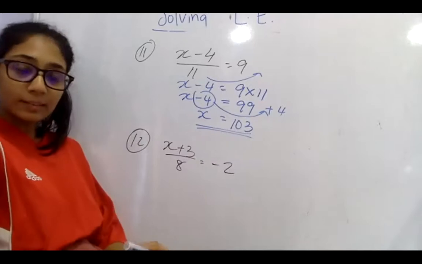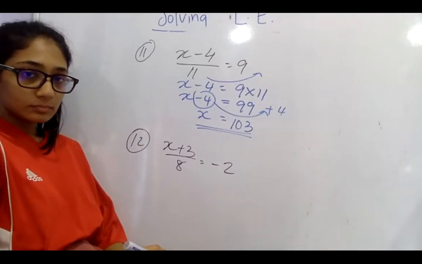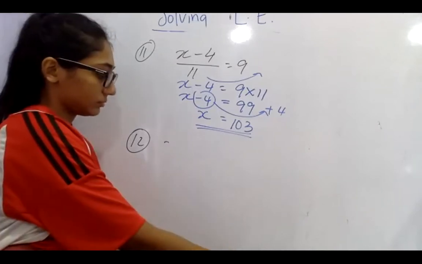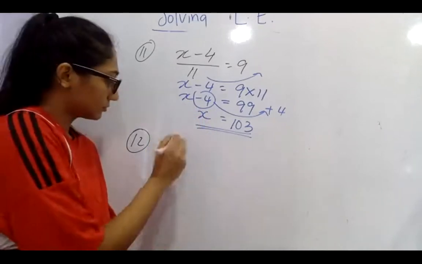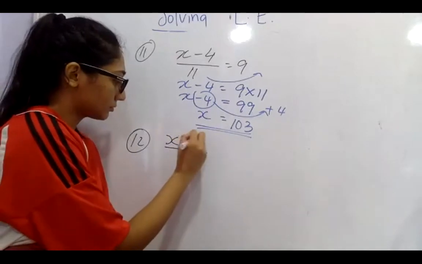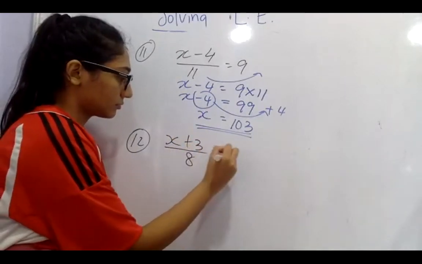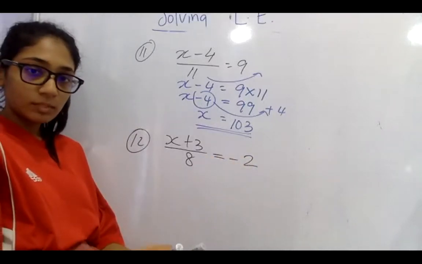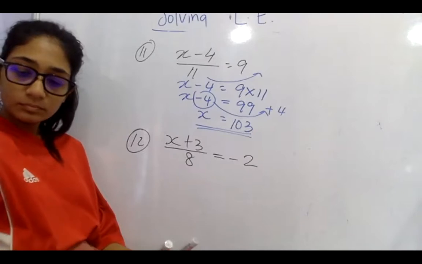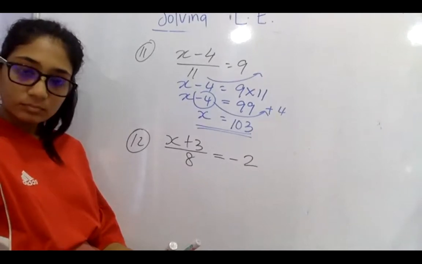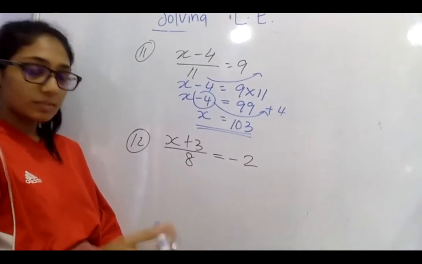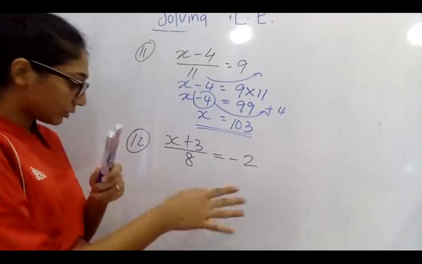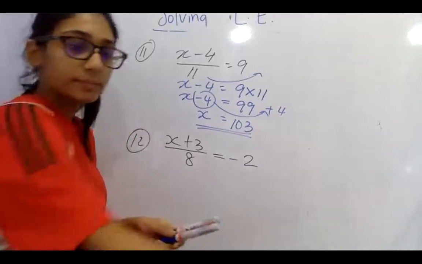Okay, who wants to try number 12? Anyone wants to try? Okay, Sujit, I got negative 19. Can you explain how you got that?